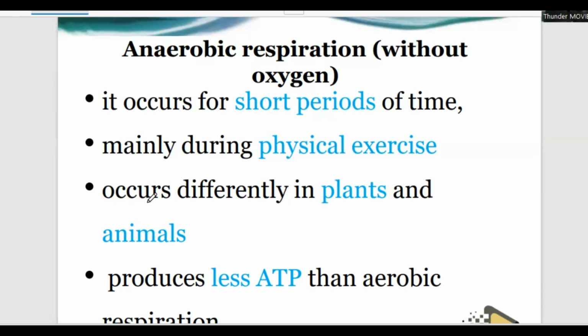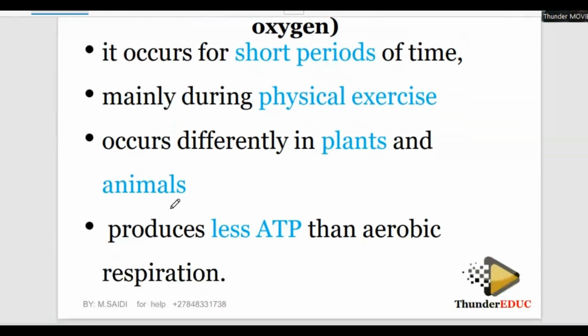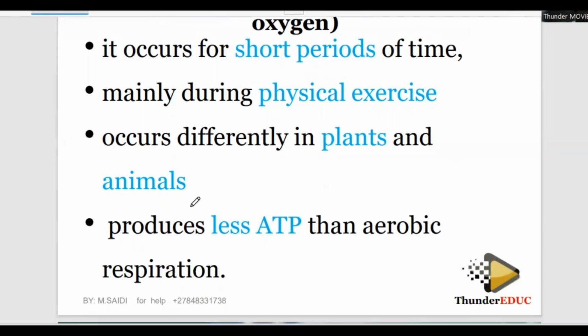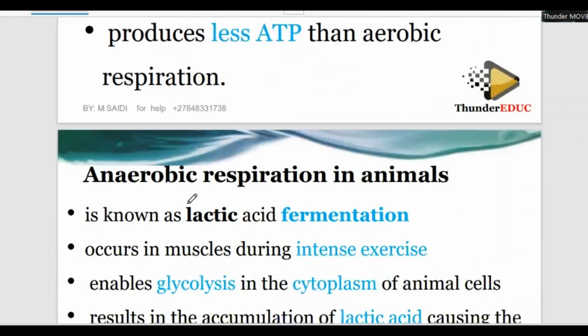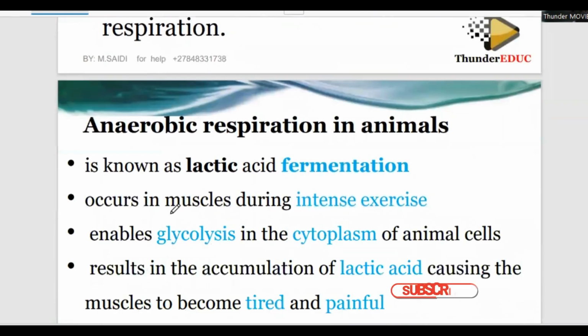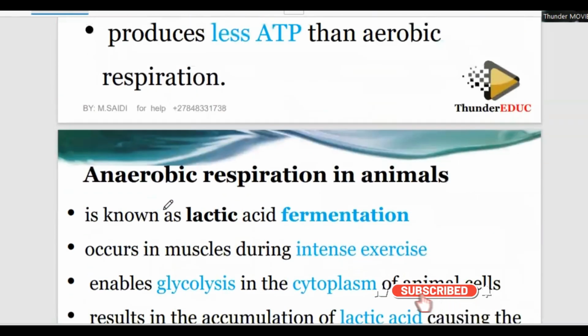Necessary because we get ATP. It is evil because it wastes glucose, yet glucose is needed to produce a large amount of ATPs. Anaerobic respiration produces less ATP than aerobic respiration.